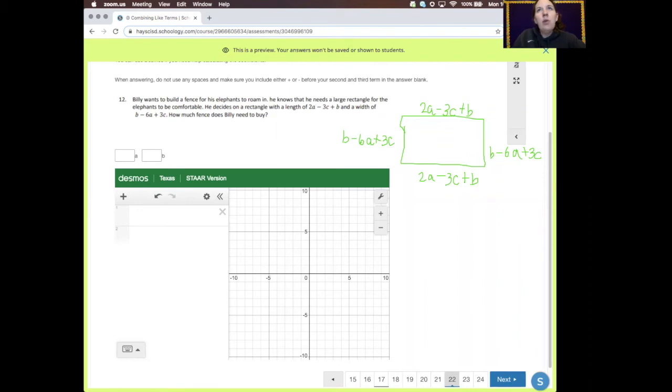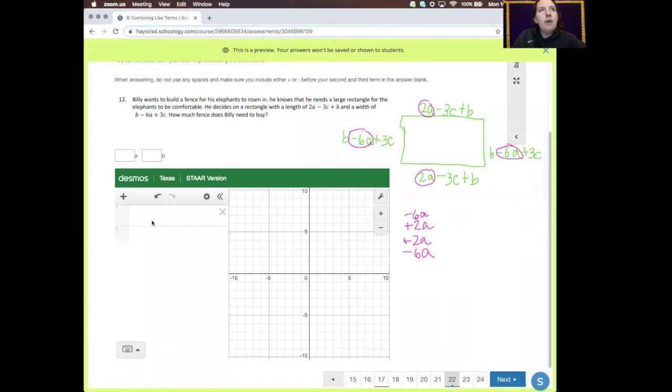So I'm going to circle all my a's. Negative 6a, positive 2a, positive 2a, negative 6a. I can go ahead and put that in the calculator if I want to.